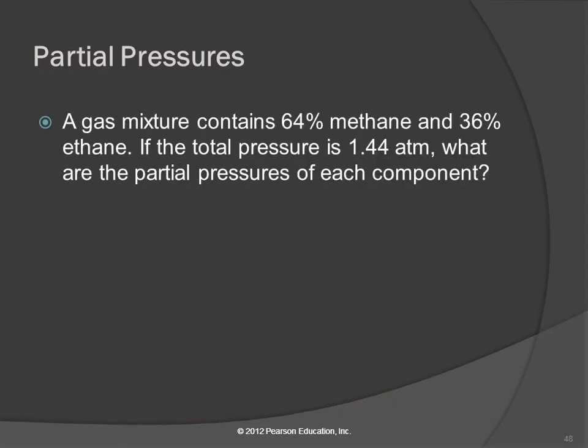Let's do an example. A gas mixture contains 64% methane and 36% ethane. If the total pressure is 1.44 atmospheres, what are the partial pressures of each component? We're going to do the same calculation we just did on the previous slide. For the methane, its percent composition is 64%, so its fractional composition is what?